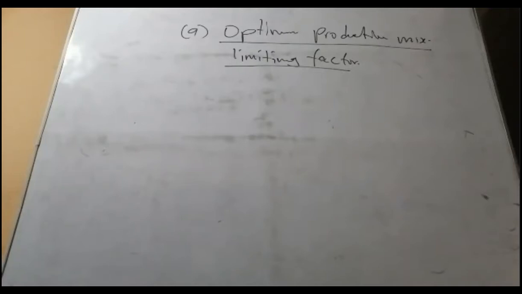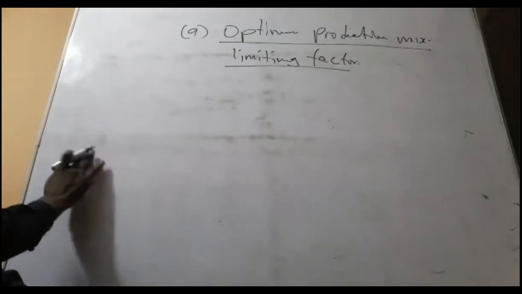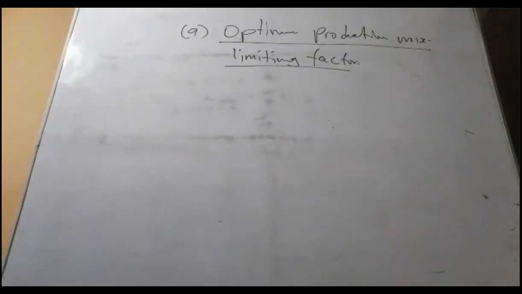Now, if you want to determine the limiting factor, all you need to do is this. You look out for the resource that you have, and then you compare it to what you need. So let me use normal terms. Let's assume you are going to write ICA. If you are going to write ICA, what do you need? Tell me just 2 items that you need to write ICA.